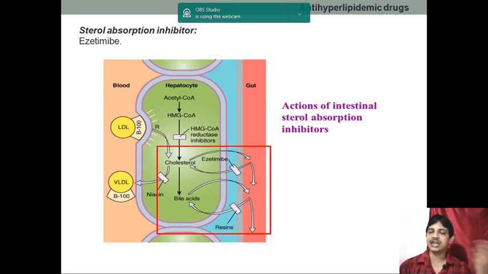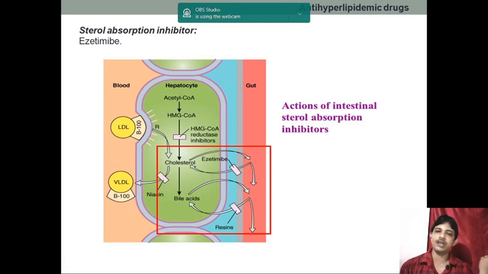This active metabolite is distributed into the circulation to the small intestine, where it is localized, and there it will inhibit the absorption of both biliary as well as dietary cholesterol.